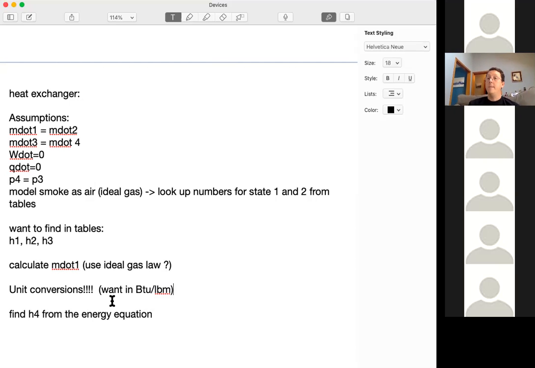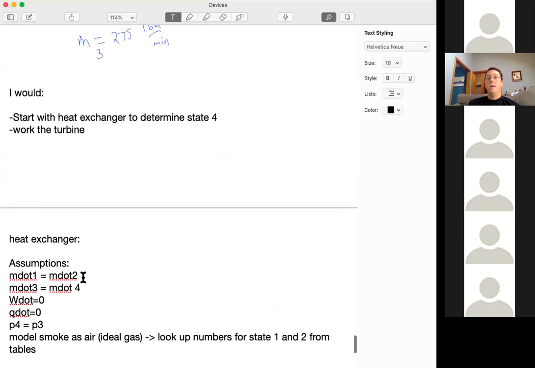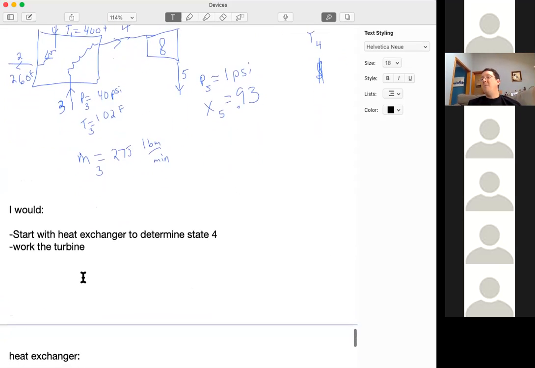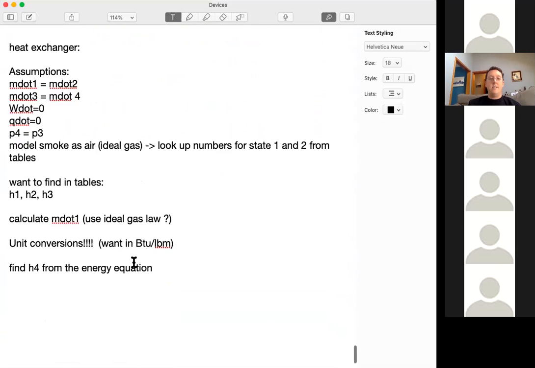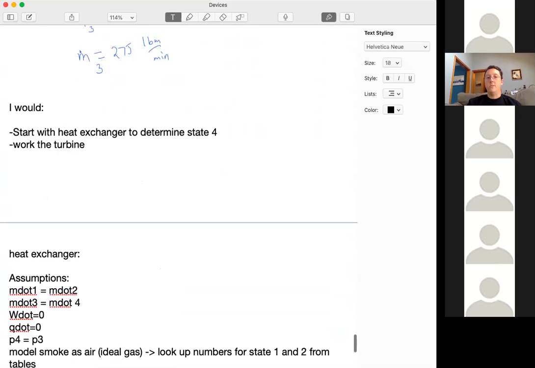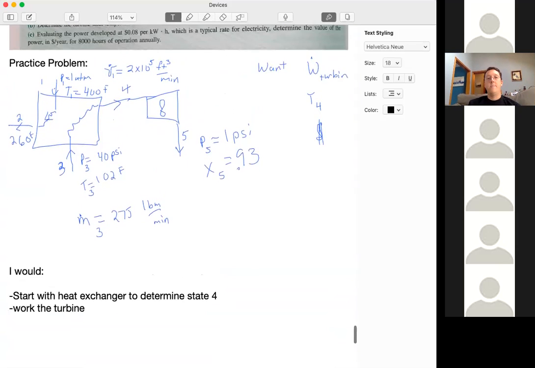You got to watch the units there. So let's imagine you get through that far and you find the enthalpy at state 4. And from that you can get the temperature. That'll come out as you do it.